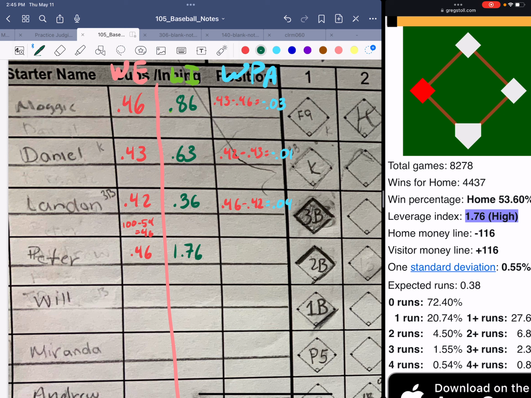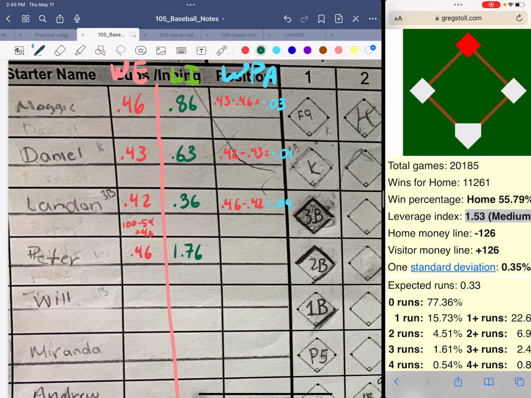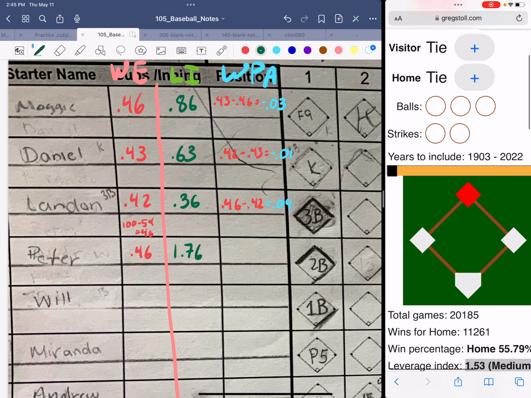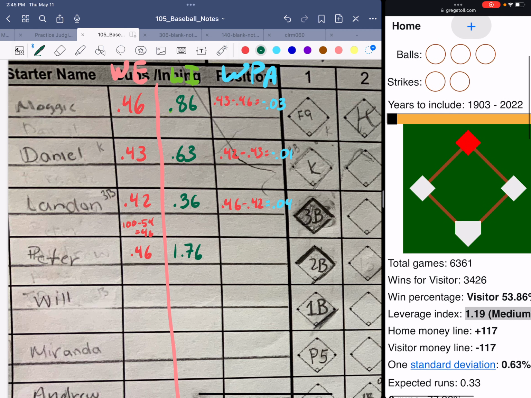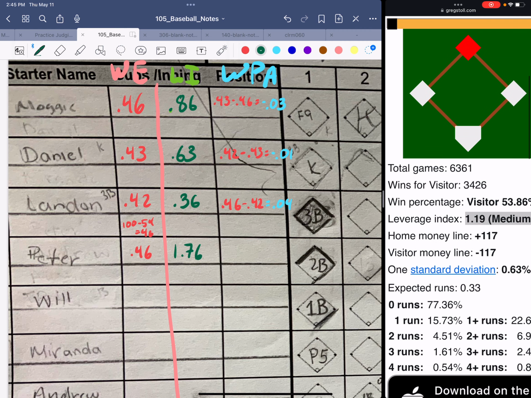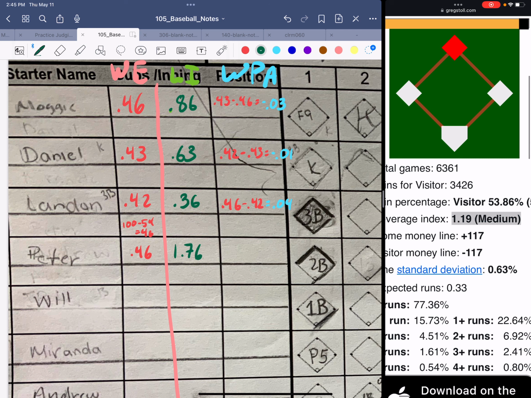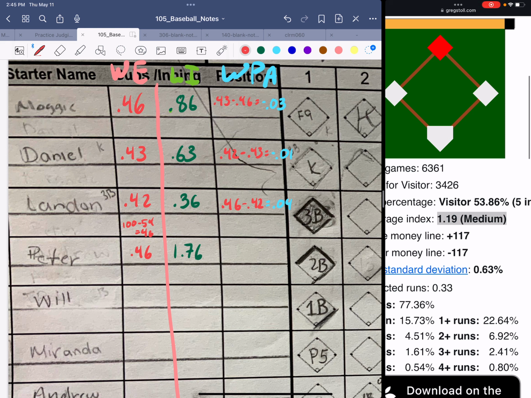Peter hit a double. So we say, okay, Peter hit a double, so now there's a guy on second. There are still two out, but the visitors went up in score. So when we look at the win percentage after Peter's double, it now says 53.86, 54%, if we round up.